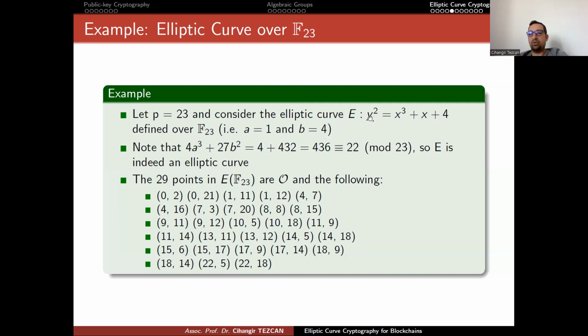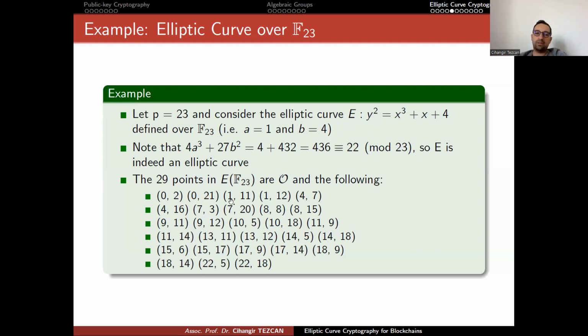This means that 2 is an element in this field which satisfies y squared equals 4. But minus 2 also will give you 4. But minus 2 is not in this field, because there is no element as minus 2. Instead we have 21, because you add minus 2 to p and end up with 21. So when you choose x equals 0, you end up with 2 points on this elliptic curve.